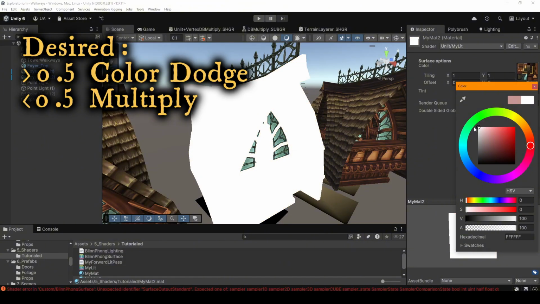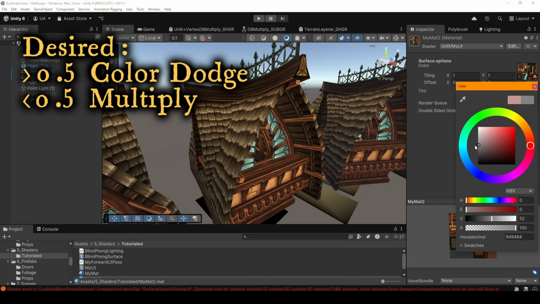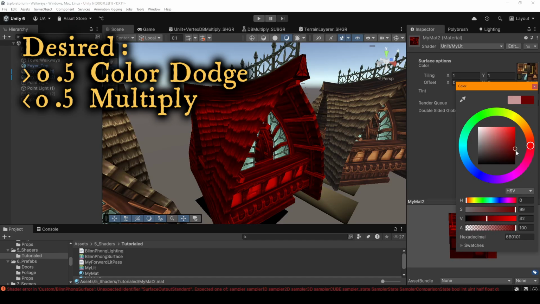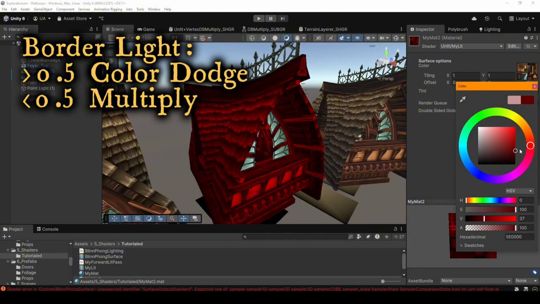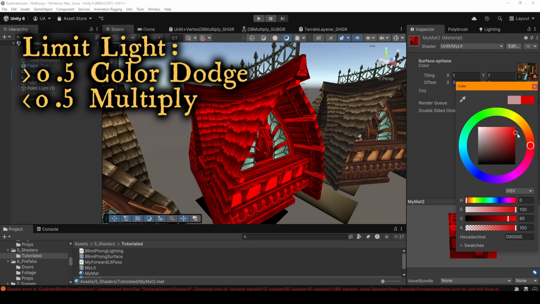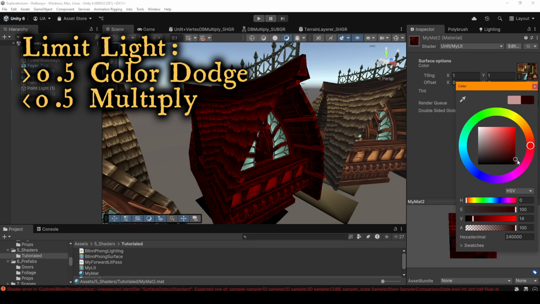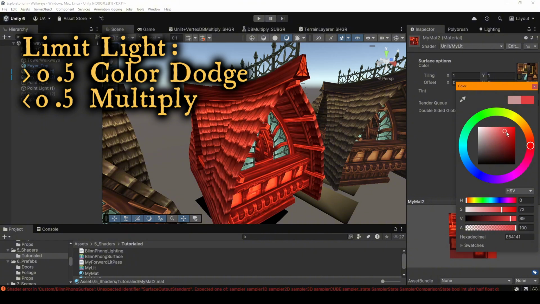I had to find this combination through trial and error. I don't know if anyone ever did this, but in case I'm the first, I'm naming this bastard myself. Let's call it border light. No, limit light. Because it reaches both white and dark limits in a natural-like way, as a light would. Yeah, why not? Limit light.